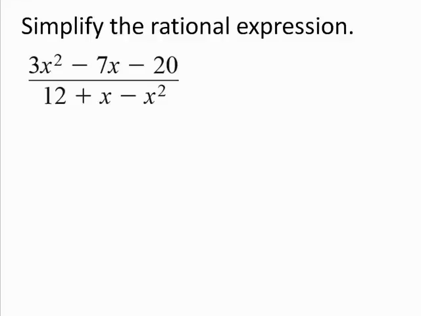Simplify the rational expression. 3x squared minus 7x minus 20 divided by 12 plus x minus x squared. Start by factoring a negative 1 out of the denominator.